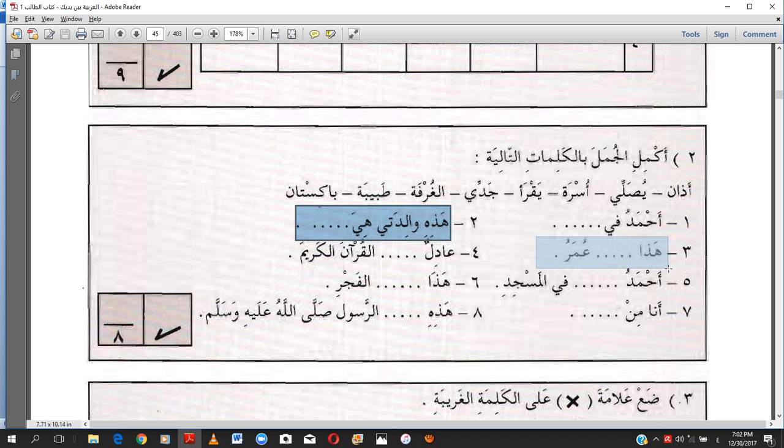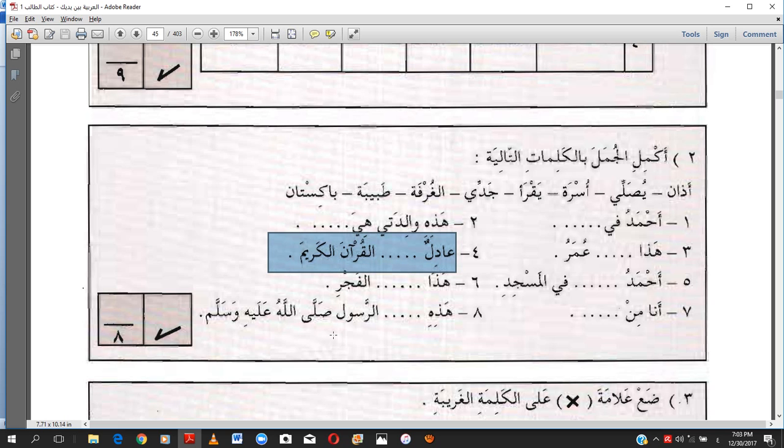What does this sentence mean? Ahsantum. The fourth sentence, Adil, the Noble Quran. So what you'll notice is that when you use verbs, if it has an object after it, it takes the fatha. This is what you and Ali are always talking about.